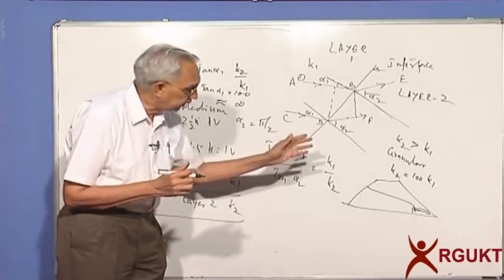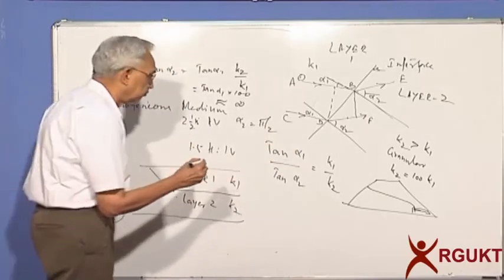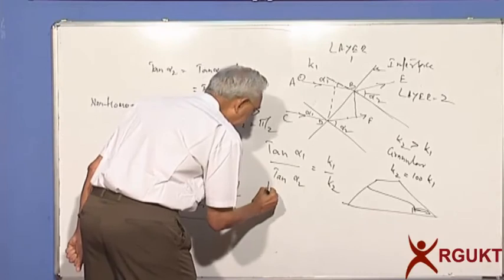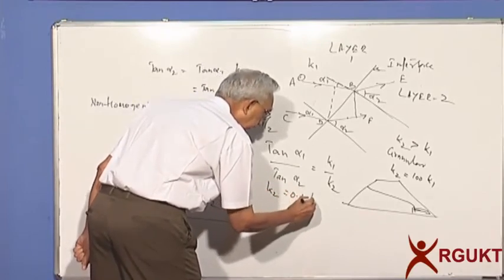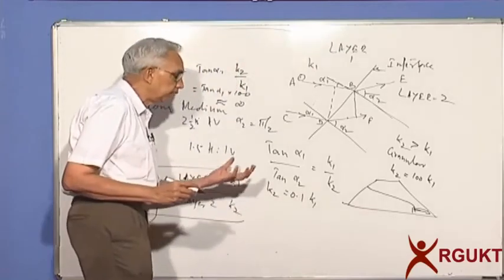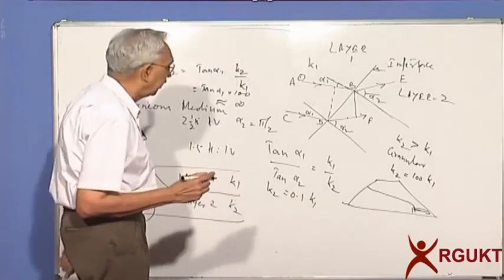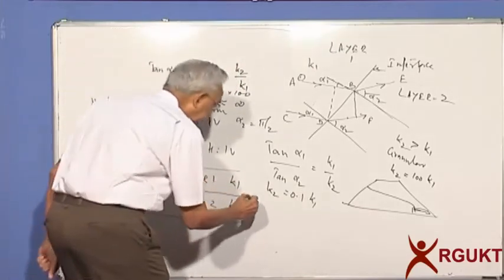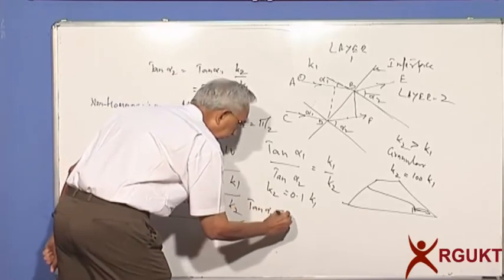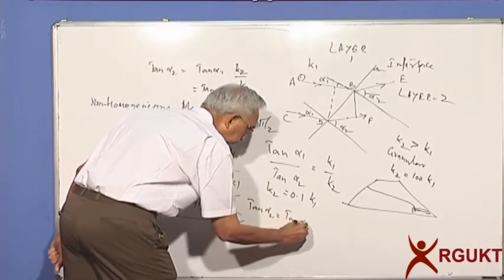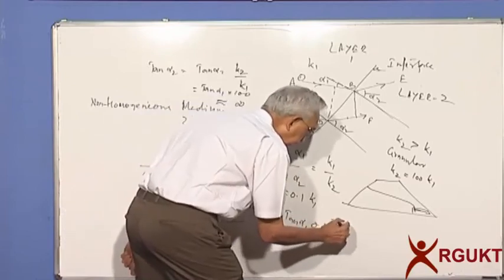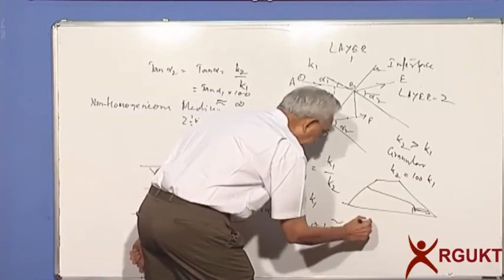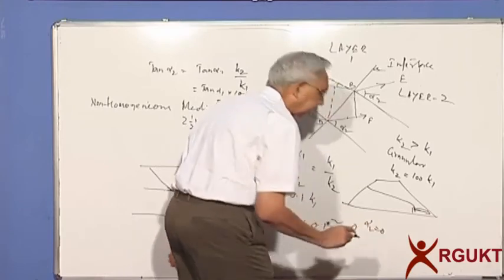What happens if the second material is a small one? If K2 is 0.1 times K1, that is, you are meeting with a very small one, in which case tan alpha 2 is equal to tan alpha 1 into 0.1. So this tends to be close to 0. So alpha 2 will be close to 0.